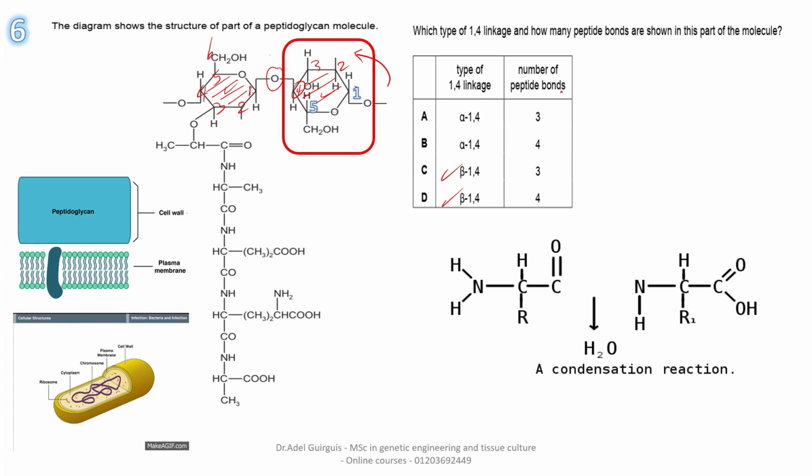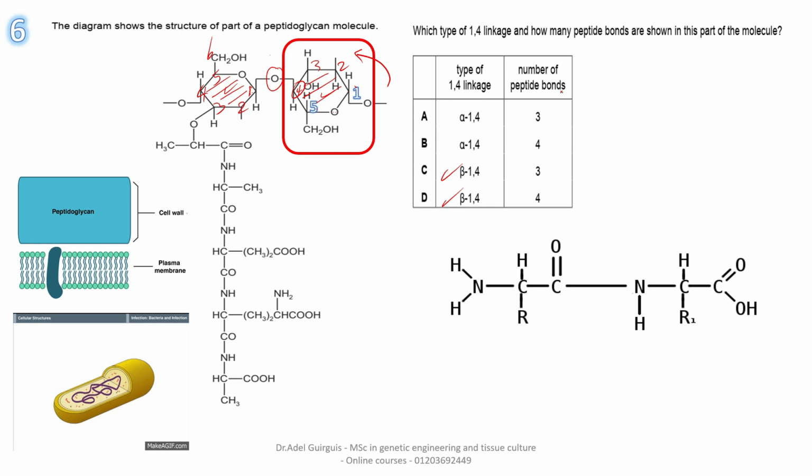We remove a water molecule in this condensation reaction to form a peptide bond, condensation or dehydration. So how many peptide bonds are formed in this structure, in peptidoglycan, in this part of the structure?